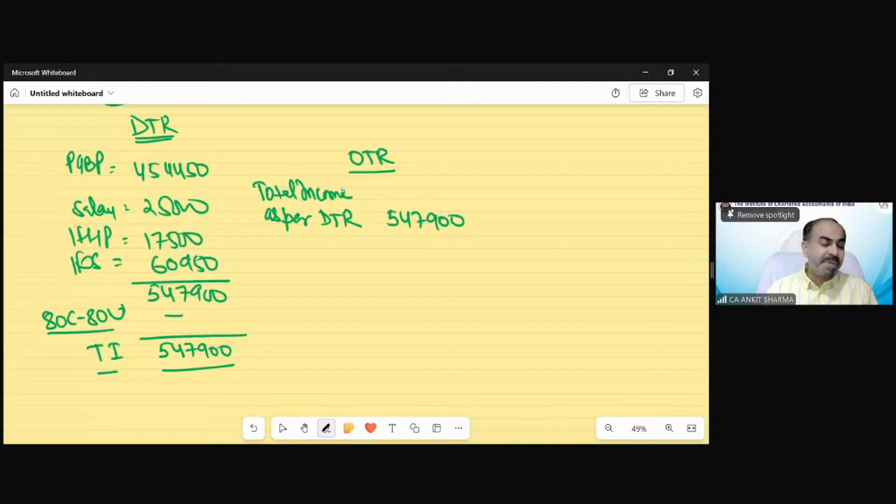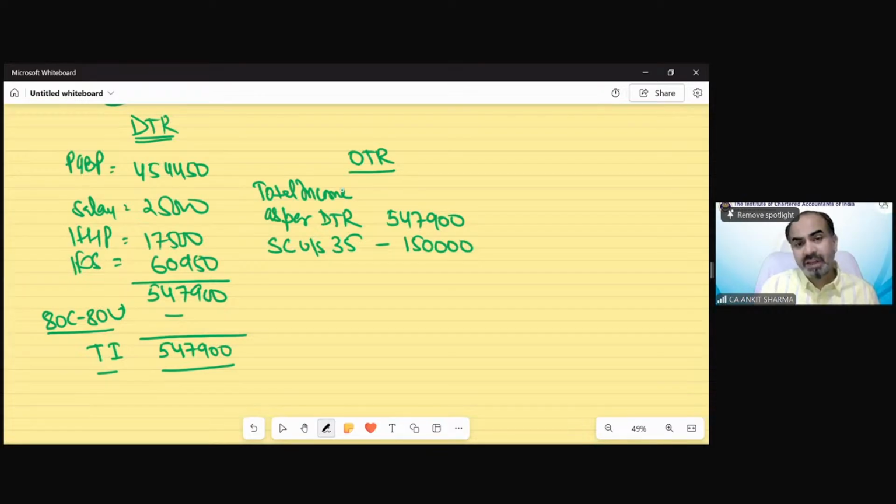Under PGBP head, under default tax regime, the scientific research expenditure under section 35 is not allowed. But under optional tax regime, it is allowed. So that amount of 1,50,000, what we disallowed under default tax regime, now needs to be allowed.